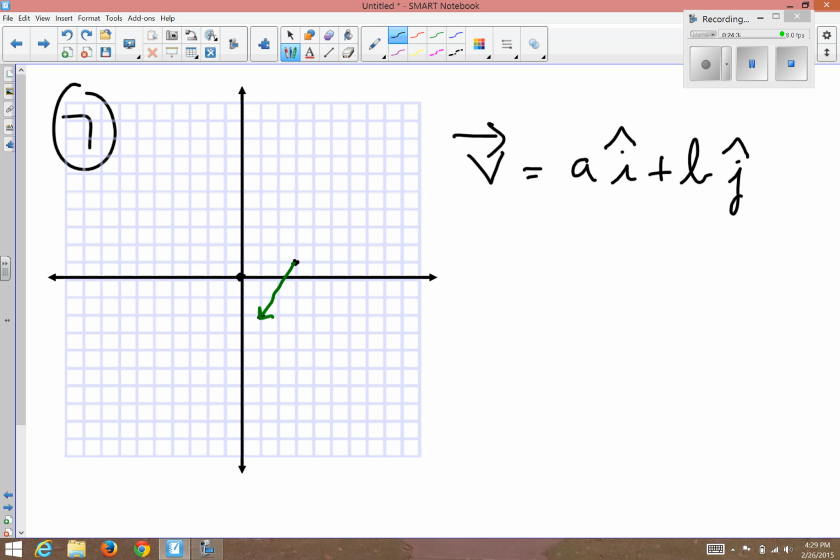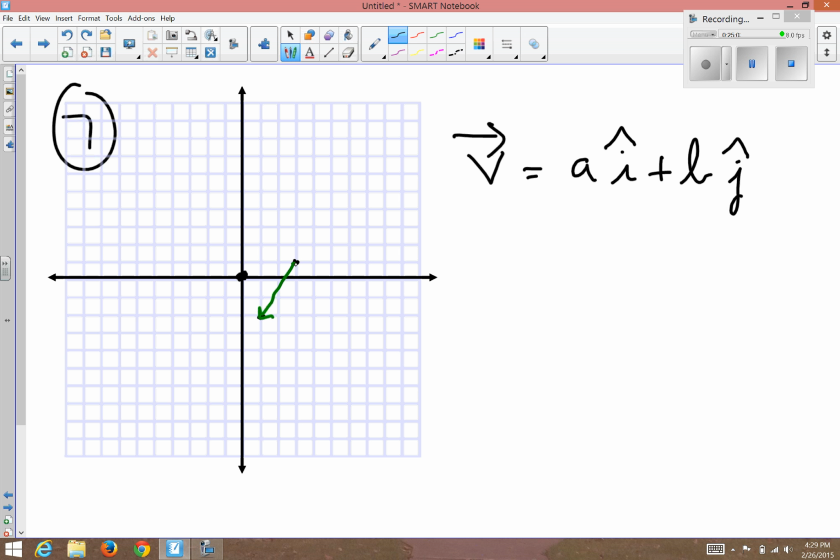We'd like all vectors to start at the origin, but we want it to have the same exact magnitude and direction. We just want it to start here instead of here. In other words, we want it to be parallel to this, and we want it to be exactly the same length as this green one.